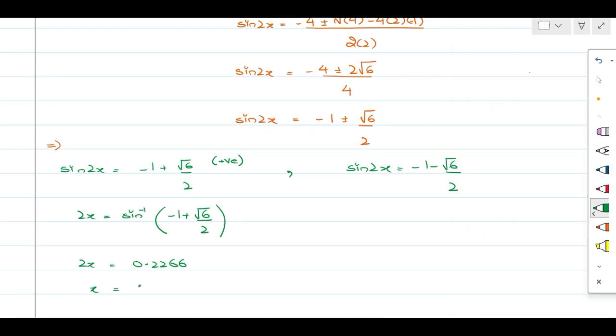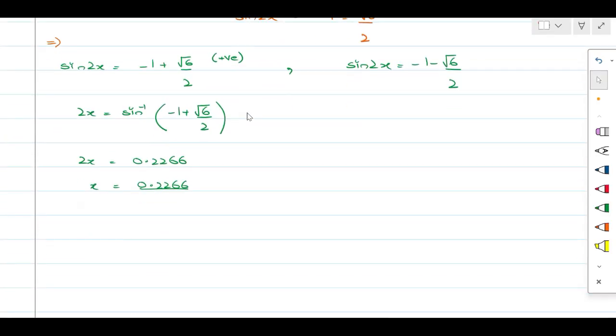So x is equal to 0.2266 divided by 2, which gives x equals 0.1133. This is my x value, the x coordinate of the maximum point.